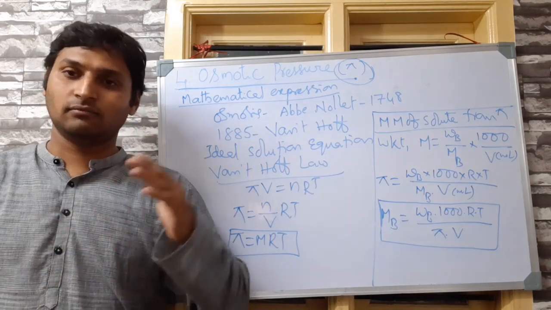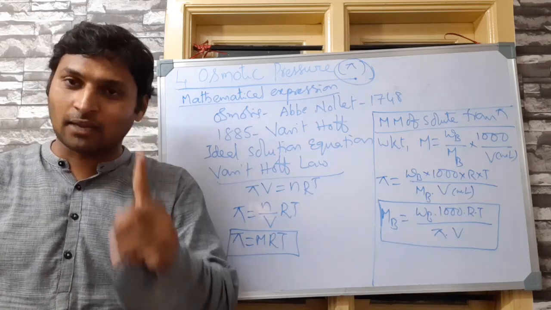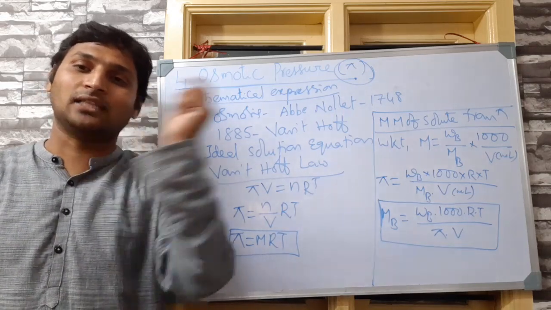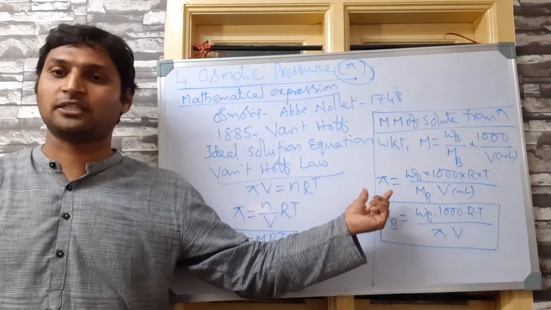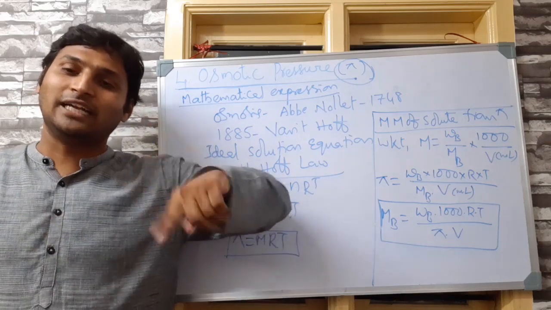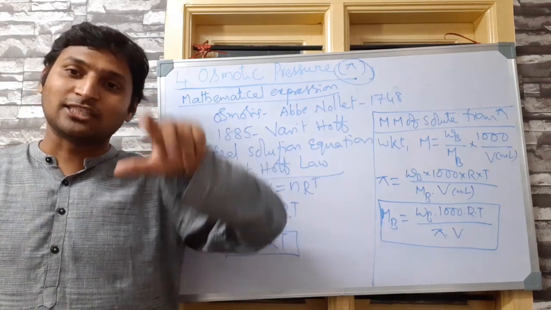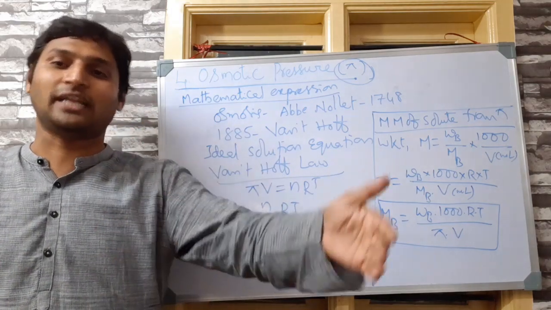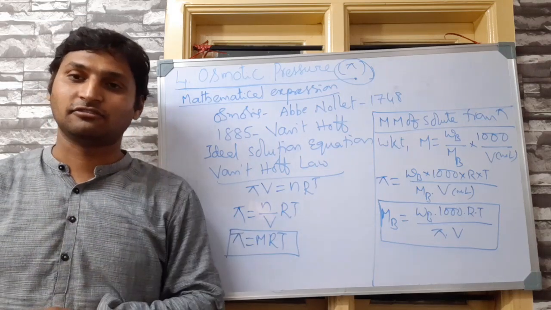Okay, for these 2 reasons which I was explaining you, reason number 1 is the magnitude of other 3 properties comes very small, but the magnitude of osmotic pressure comes significantly large. Number 2, to determine the molar mass, the solution has to be subjected to different temperatures, whether you want to determine RLVP or delta TB or delta TF.